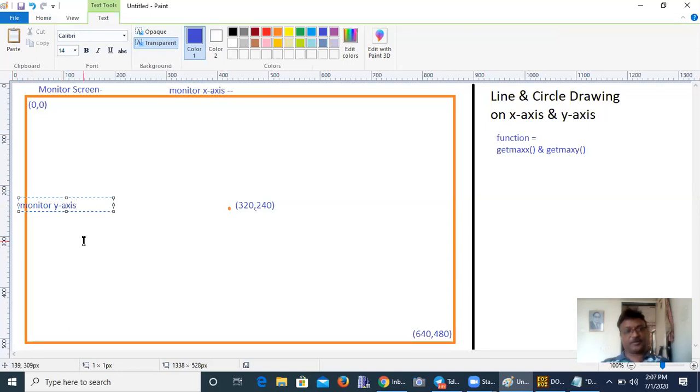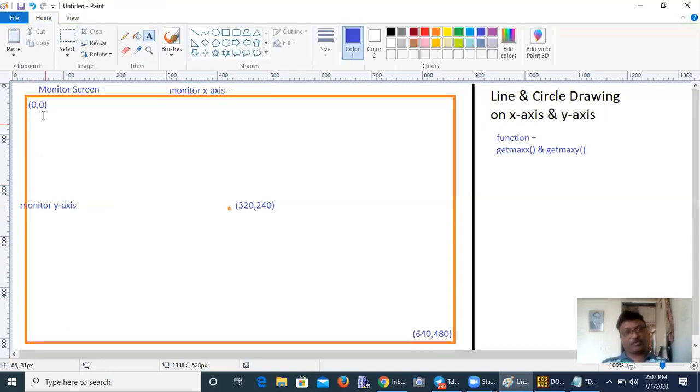This is the monitor y-axis, this is the monitor x-axis, but I want to draw the axes like this, meaning this is my first quadrant.